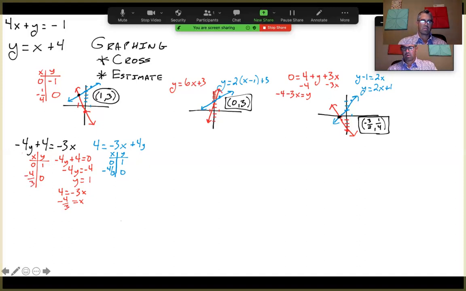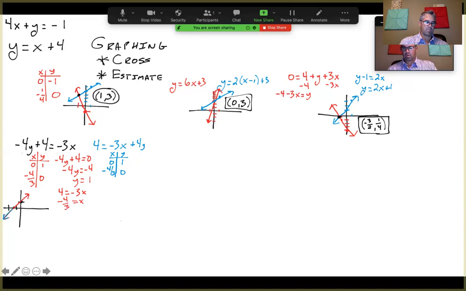Now, if I had chosen a different method of graphing, I might not realize they have that much in common. But what will happen, no matter what method you choose, is if we were to go to graph this, here's the y-intercept, here's the x-intercept, the two lines would be right on top of each other. They have the same slope and the same y-intercept.